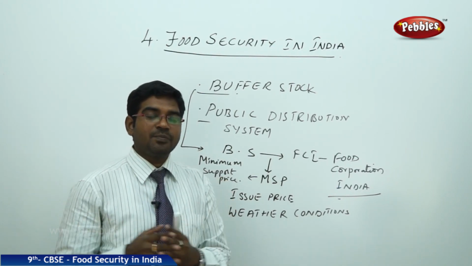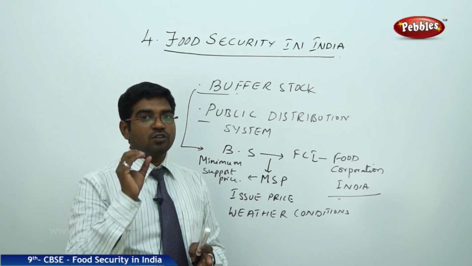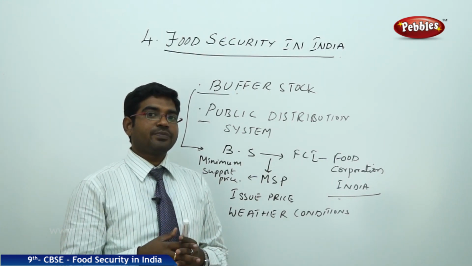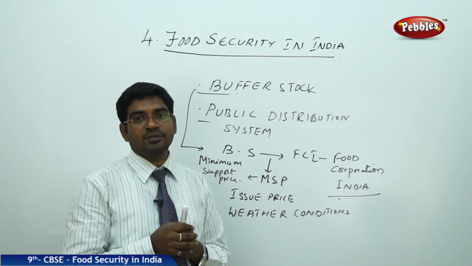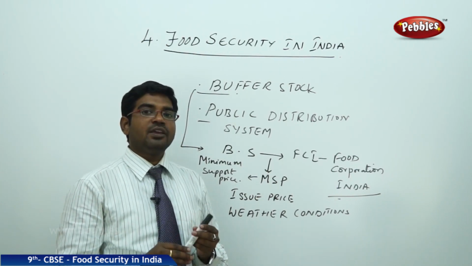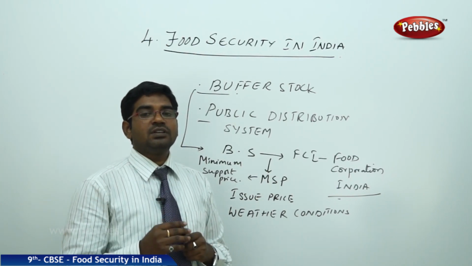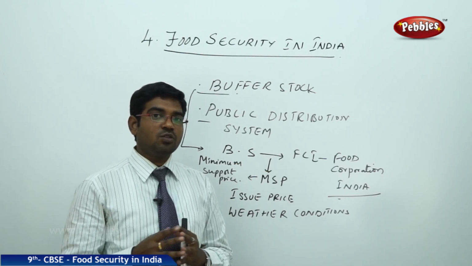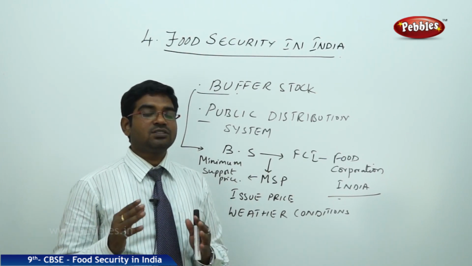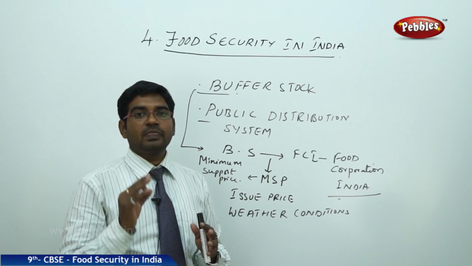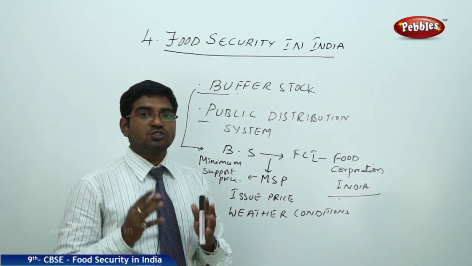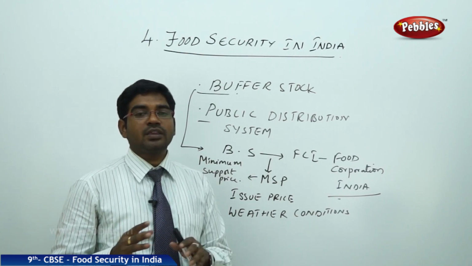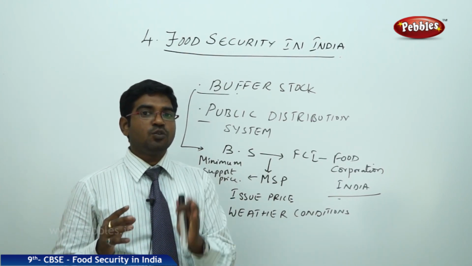Now you may wonder why the Government of India wants to procure this buffer stock. The government has the previous knowledge that in 1943 in Bengal we had severe famines and droughts, which resulted in the death of nearly 30 lakh people due to starvation. So India doesn't want any such instances to be repeated.